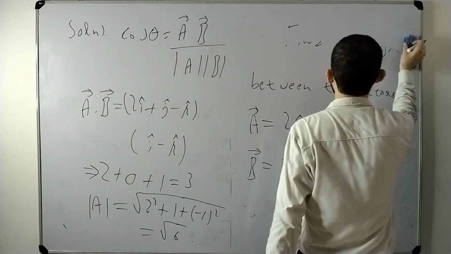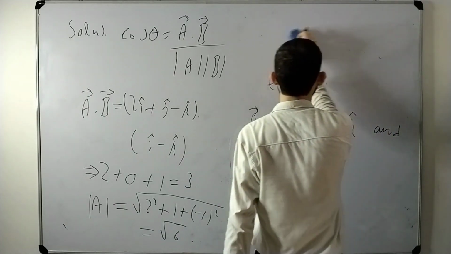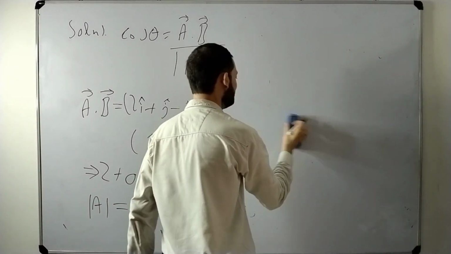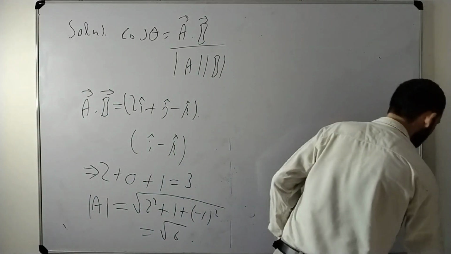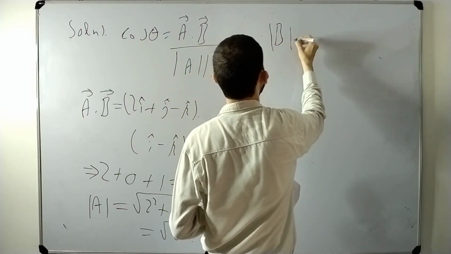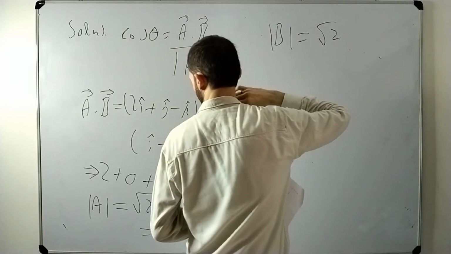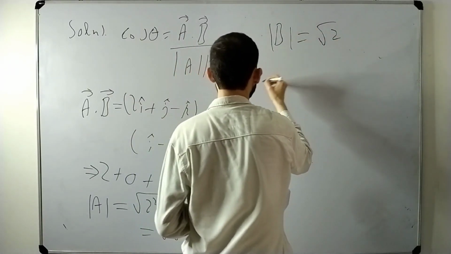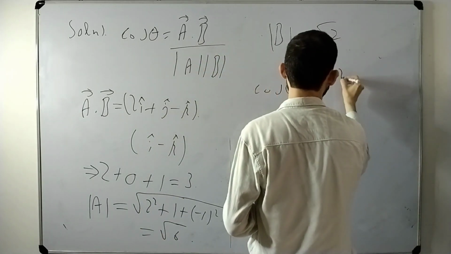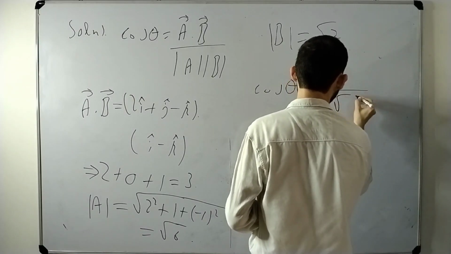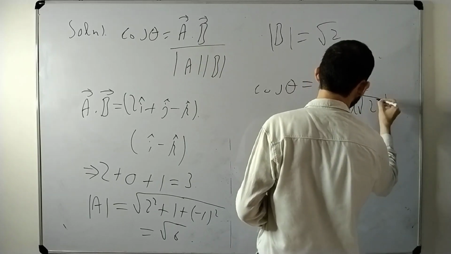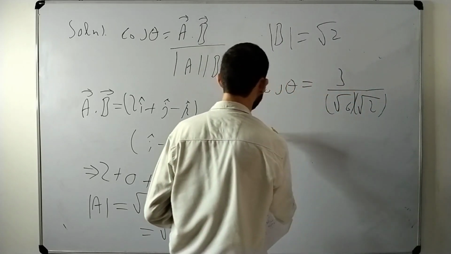Then cos theta is? So we are driving. Cos theta value. So first B vector, and it is under root 2, and this happens to be what, student? Cos theta equals 3 over under root 6 times under root 2, and this is what, under root 12 now.